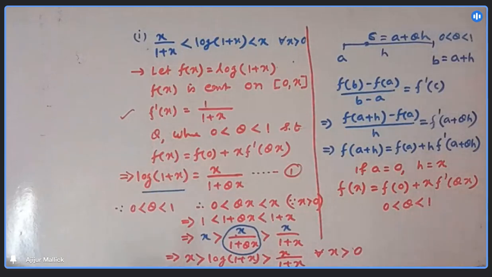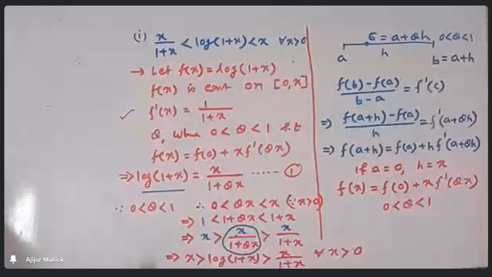This type of sum is very important for your exam. Have you done it? Sir, if we are not told to use LMVT, then we can do it by a decreasing function, like we can take f(x) equal to log of (1 plus x) minus x. Yes, but it will be mentioned in your questions.